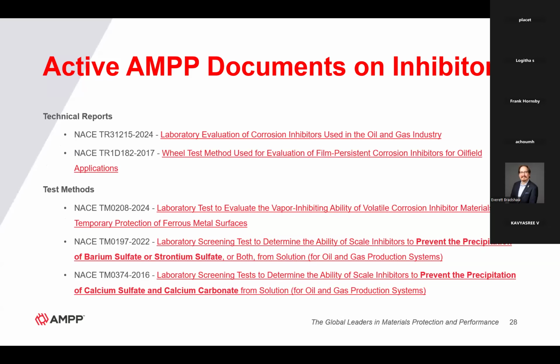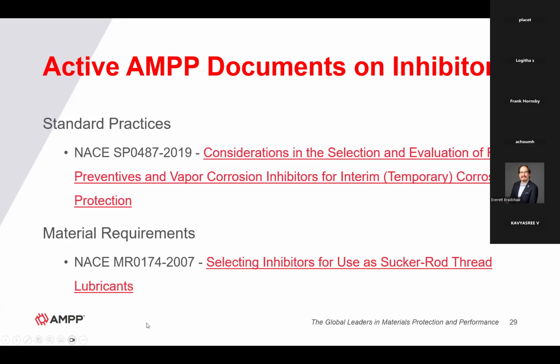You can see in the list there, NACE TR 31215 and NACE TR 1D182. So these are technical reports that discuss testing of inhibitors. We do have 3 active test methods for inhibitors. And then we have 1 currently active standard practice on inhibitors and 1 material requirements for inhibitors.